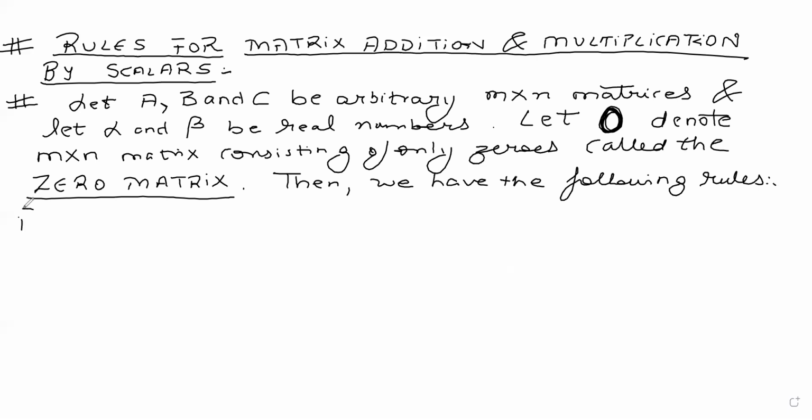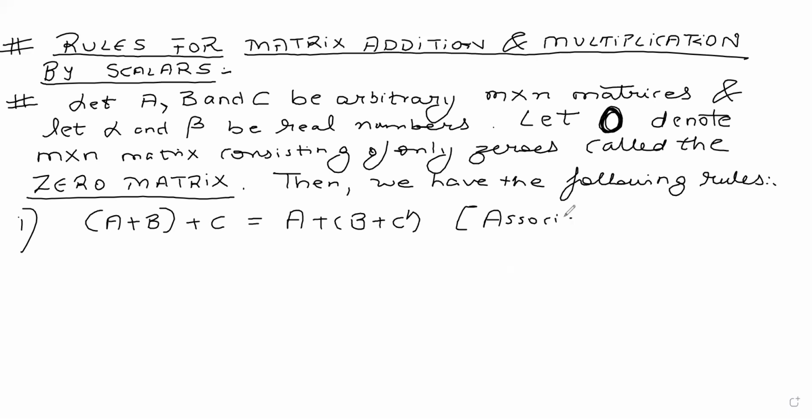The first rule is that matrix addition is associative. So A plus B, added with C, is equal to A added with B plus C. So we can say that matrix addition is associative. Matrix addition is also commutative. If you add A plus B or you add B plus A, it is going to give you the same result.